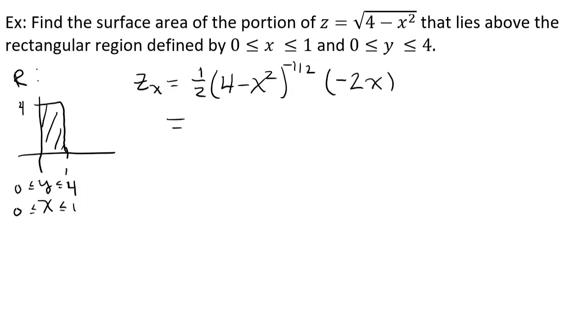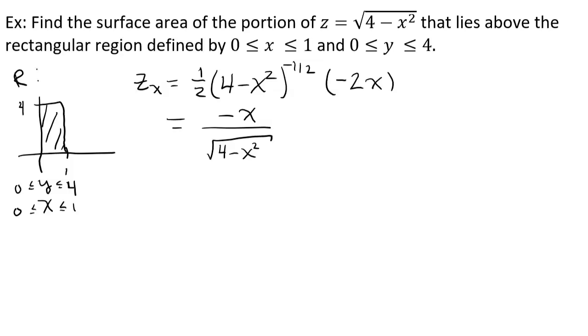So simplifying that, the negative 2 and the 1/2 are really going to leave just a negative 1. So we'll have a negative, and there's an x up top. And then on the bottom, that negative 1/2 power moves the square root of 4 minus x squared to the denominator.